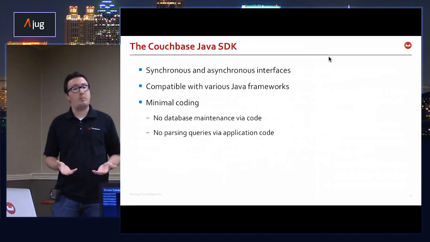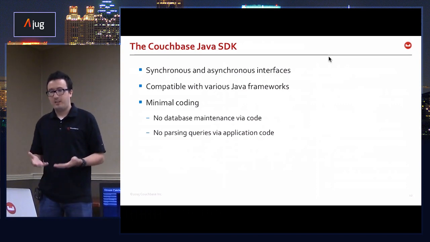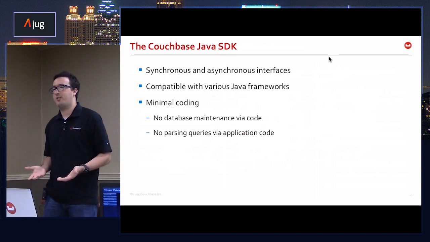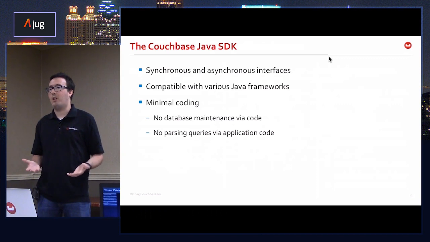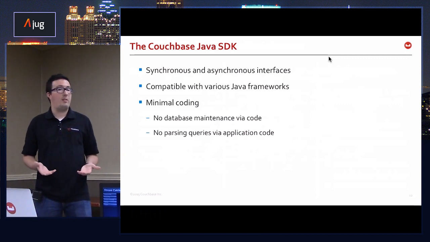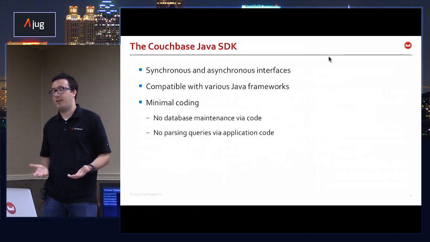From a minimal coding perspective, when it comes to NoSQL, you don't have to manage any schema. With a relational database, if your data changes tomorrow, you would have to write upgrade scripts and accommodate all of this data change. With NoSQL, if you want to add a new property to your documents, just add that property, and you don't need to worry about anything else. So you don't have to write all this code to manage that.